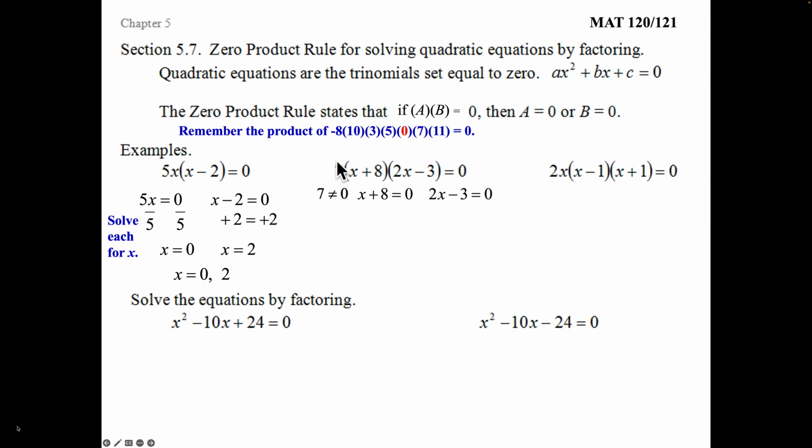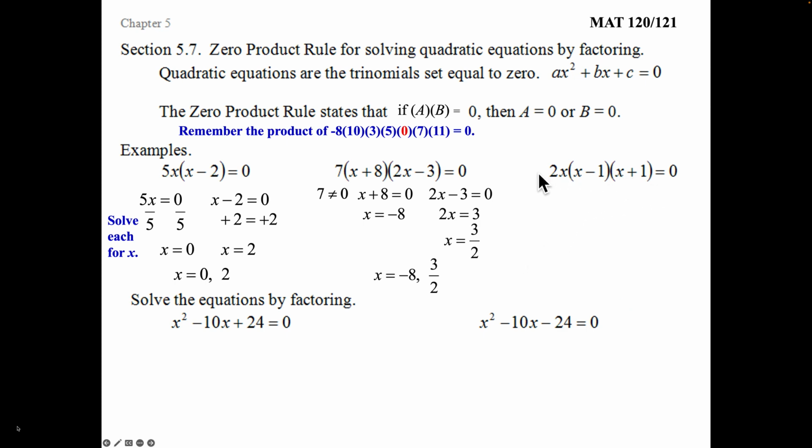So in the future, any numerical GCF out in front of my parentheses without an x in it, we'll just disregard. So now we'll solve x plus 8 equals 0, 2x minus 3 equals 0. So here, subtract the 8 from both sides, x equals negative 8. Here we'll have to add over the 3 to get 2x equals 3, and then divide both sides by 2 to get 3 halves. There's my two answers for x.